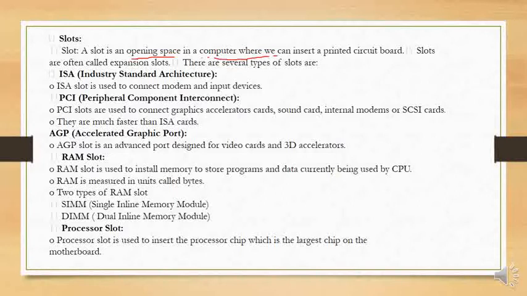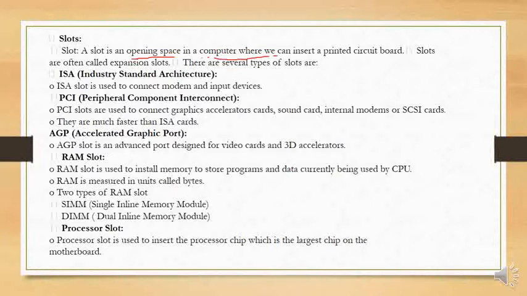RAM is a primary memory. It stores data or instructions or programs which are ready for execution by the CPU.